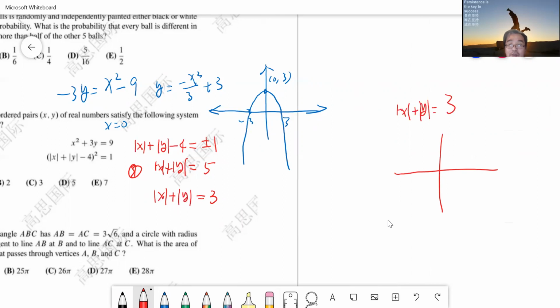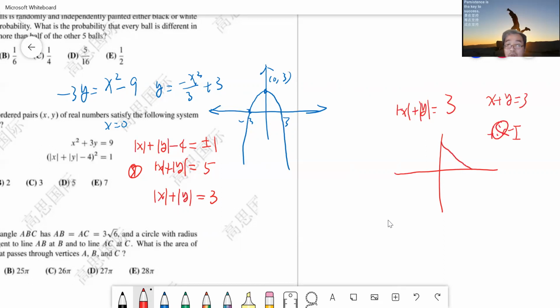Then we take the absolute value. A good way to do this is in the first quadrant. So quadrant 1: for the first quadrant both x and y are positive, so we have x plus y equals 3, right? So then you're going to have a line like this.